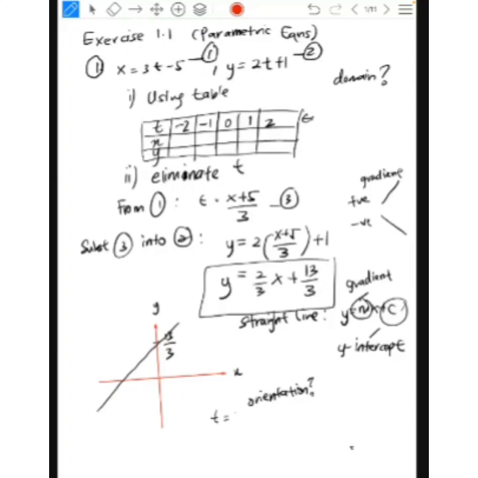Let's say t equals 0, and then the next one t equals 1. Any value of t, actually, going from the least to the greatest. If t equals 0, then I have x equals -5.